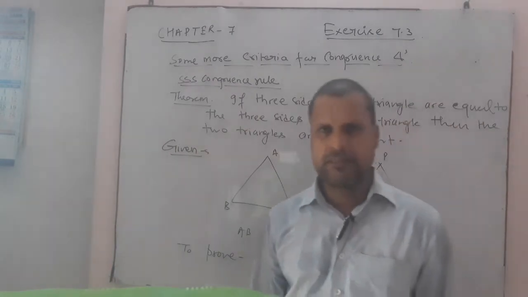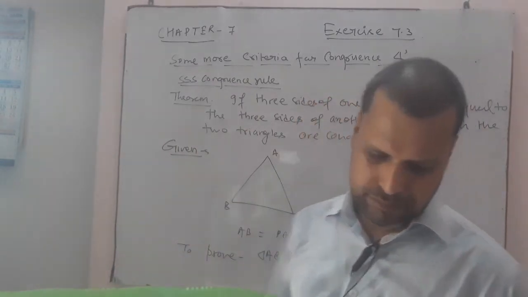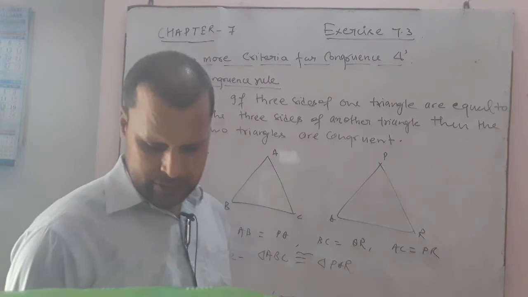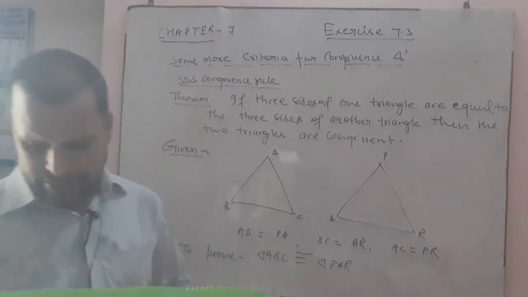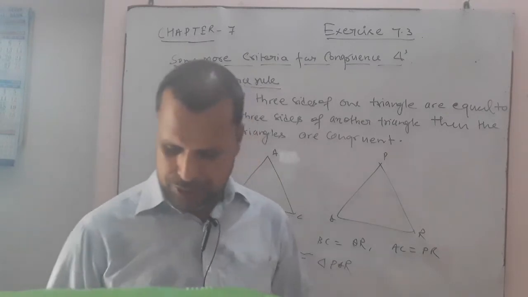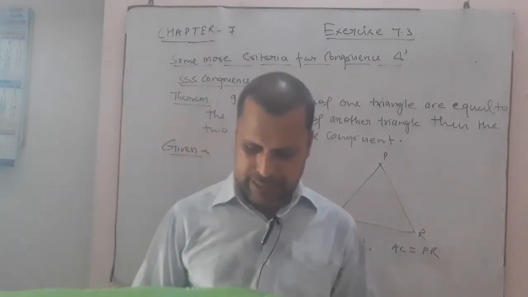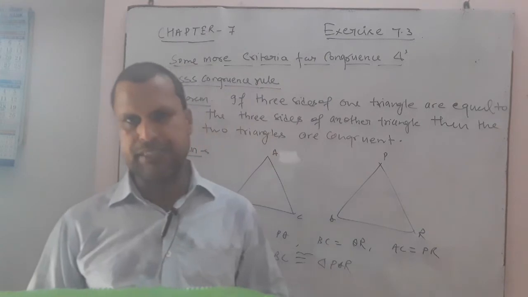Dear student, to prove this theorem, we construct two right angle triangles with hypotenuse equal to 5 centimeter and one side equal to 4 centimeter.